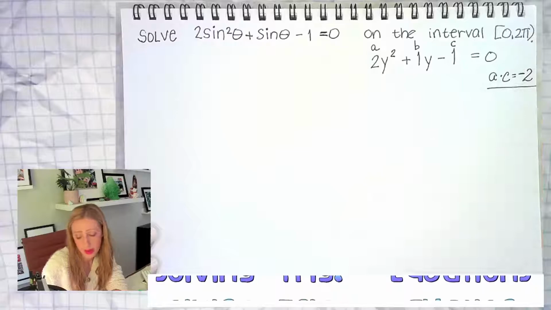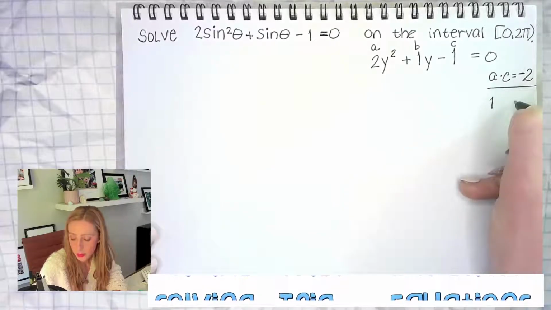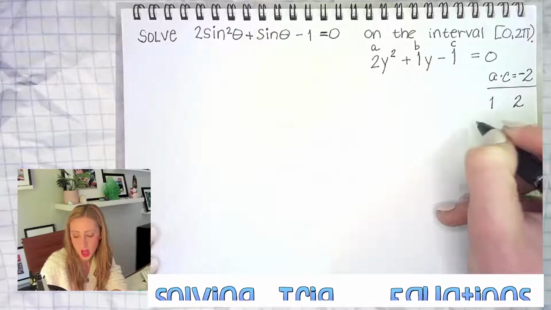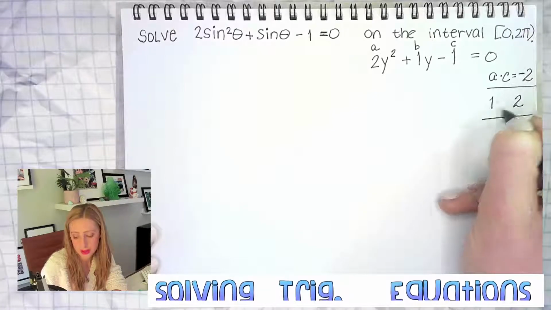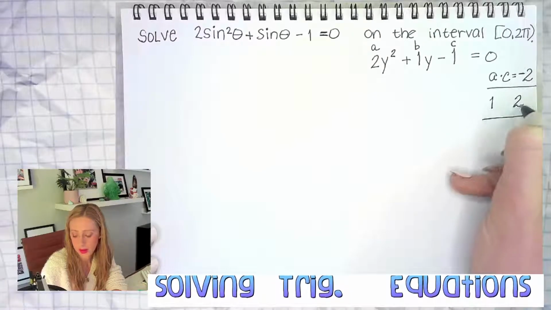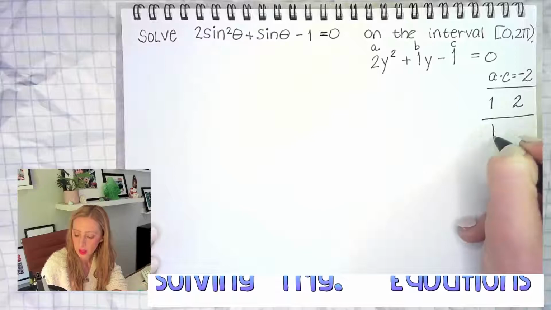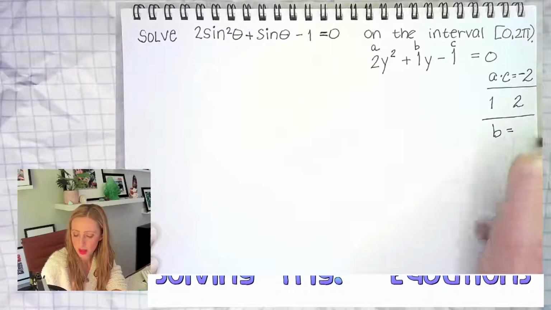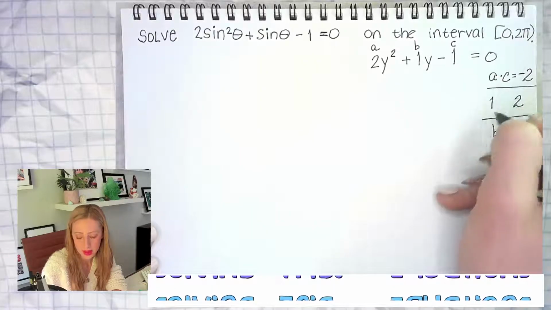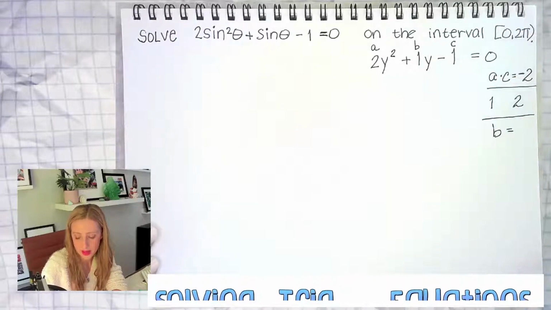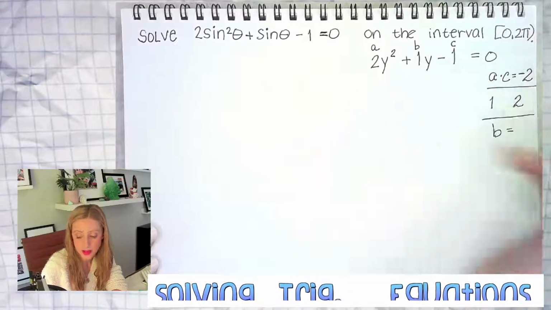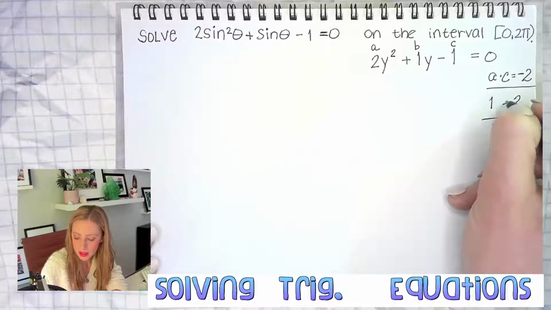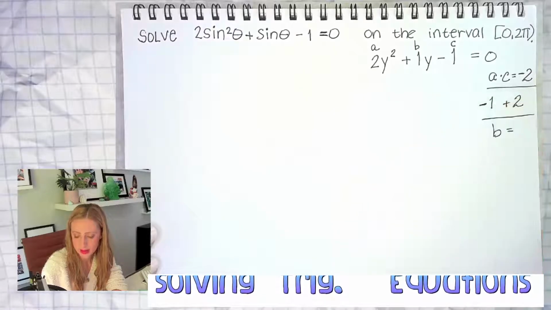I'm going to list my factors. 2 is the only even prime number, so the only factors of a prime number will be 2 distinct factors, 1 and itself. There we go. Bottom of the list, B for but what? But I need my factors to add to give me positive 1. So that means I need a positive 2 and a negative 1.